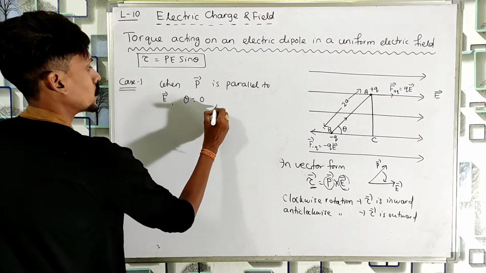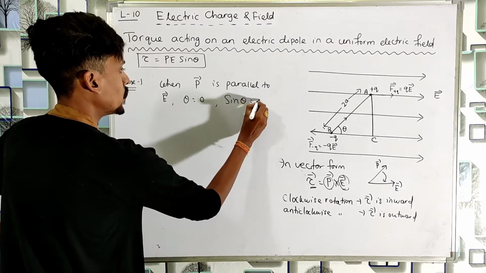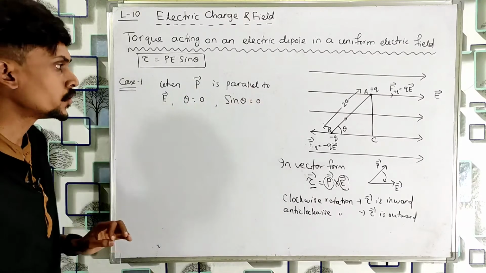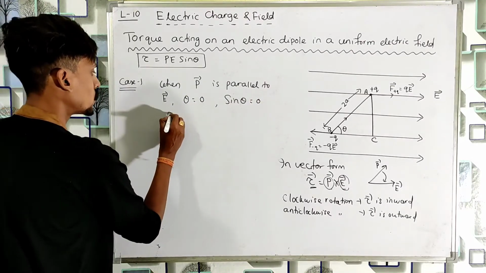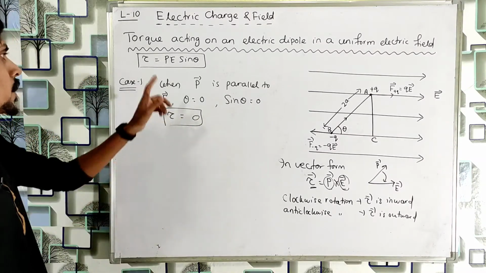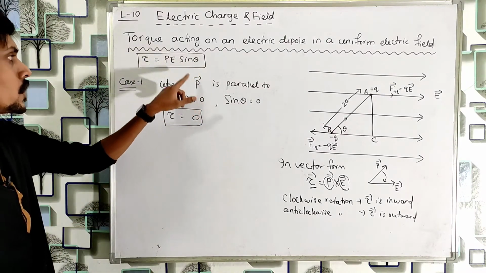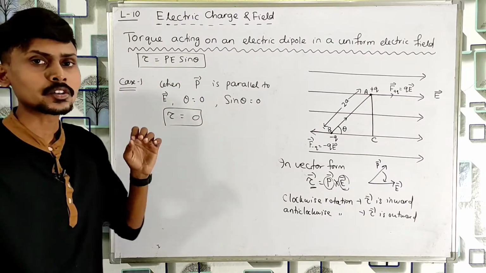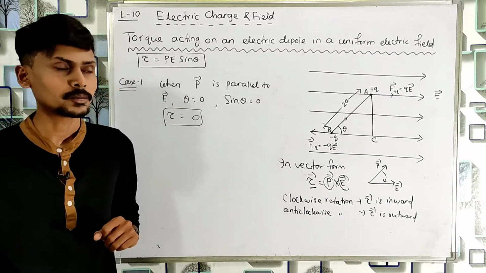In that case, sin theta will be 0, because sin 0 is equal to 0. So torque will be 0, because torque equals pE sin theta. If theta is 0, then sin theta is 0, and hence torque will be 0, meaning no torque acts on the dipole.